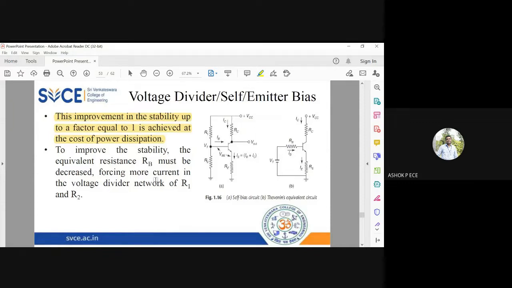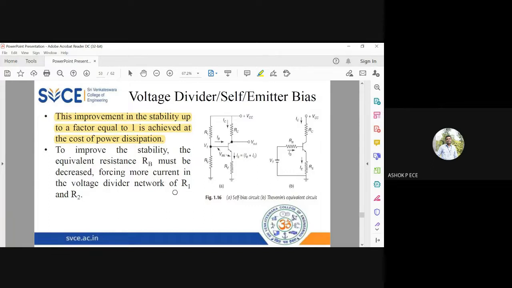Only this voltage divider bias gives the stability factor of 1 among all the biasing circuits, and at the cost of power dissipation. I am just adding two resistors R1 and R2. Definitely, when you add resistors, power dissipation will be very, very high, but at the cost of power dissipation, I am achieving a very good stability factor value which is equal to 1.